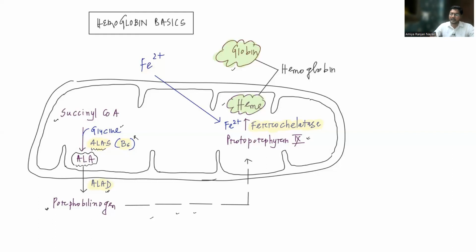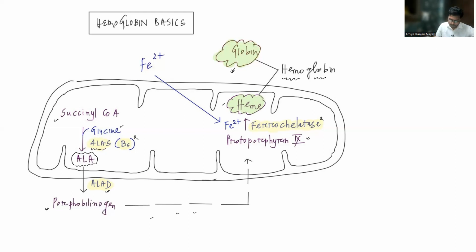And in the last step of heme synthesis, the protoporphyrin 9 will combine with an iron molecule with the help of ferrochelatase to form the heme. So heme is synthesized inside the mitochondria and the globin is synthesized in the cytoplasm, and they will together form the hemoglobin molecule.